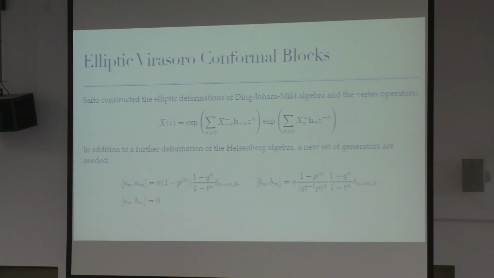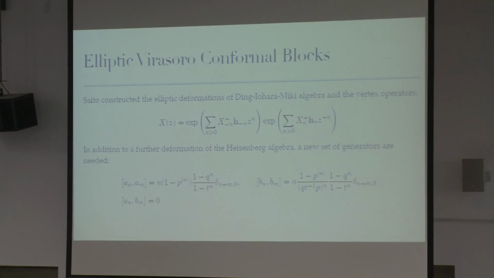But I just want to borrow his techniques and apply them. So he also constructed, along the way, how you need to deform the vertex operators. If you have a vertex operator, very generically, with this free field representation, and you have these Fourier modes, and these H's satisfy the Q-deformed Heisenberg relationships from before.